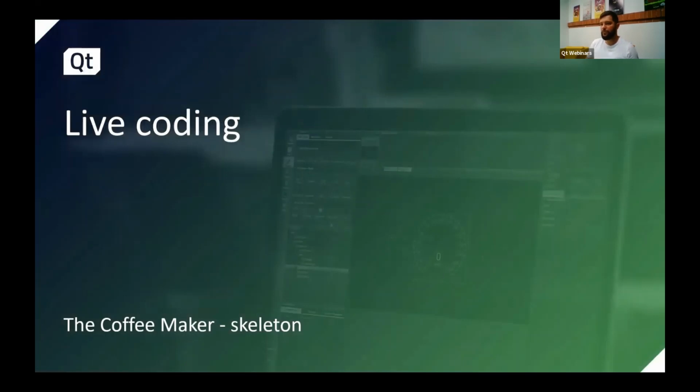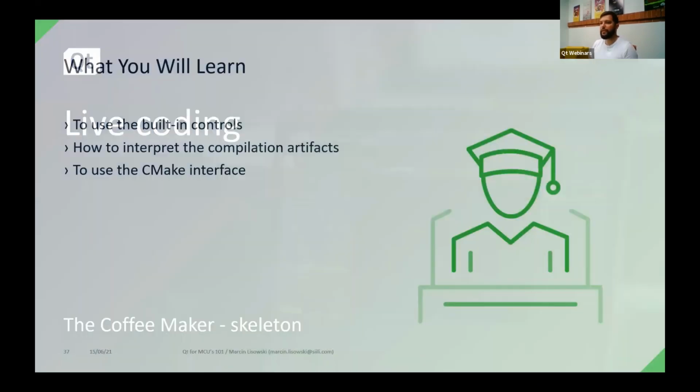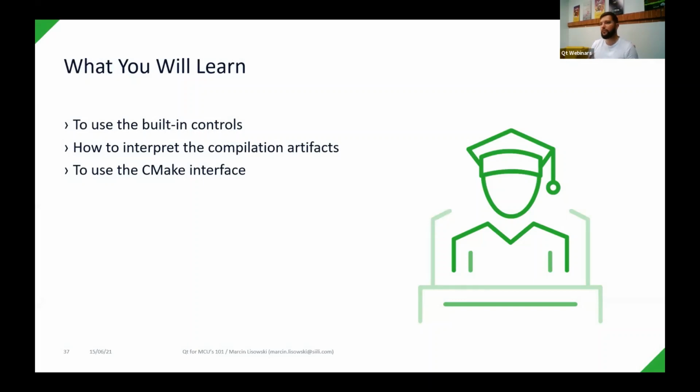And right now, it is time to start developing our example demo, which will be the coffee maker machine. And what you will learn in this first live coding session is how to use built-in controls, so how to use buttons, sliders, and possibly other controls that come together with the style library. You will learn how to interpret the compilation artifacts.